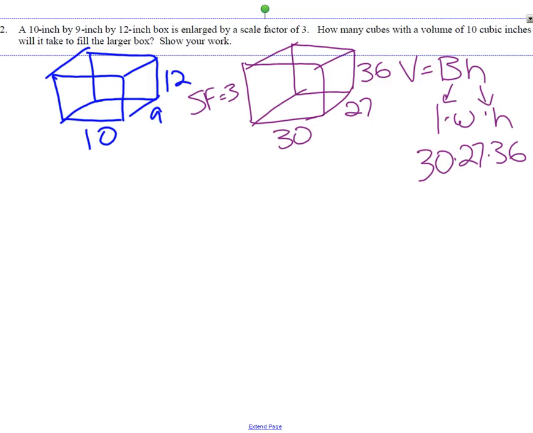Or, we could find the volume of this shape over here. So this is 10 times 9 times 12. So that's 90 times 12. Because 9 times 12 is 81, so then times 10 would be... I don't think that's right.